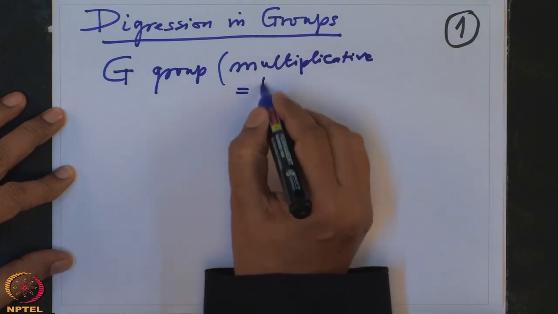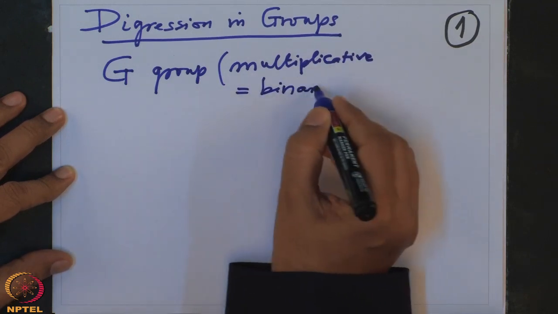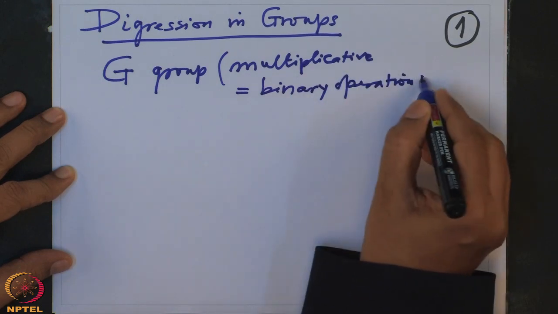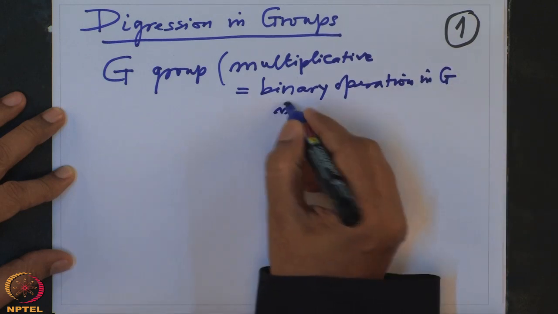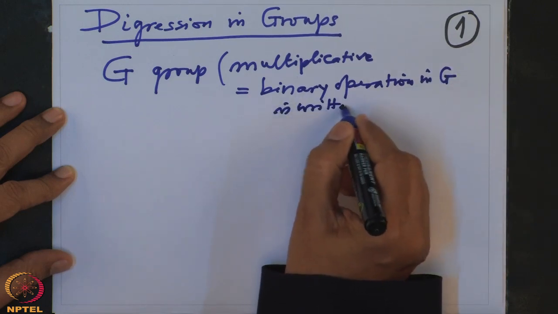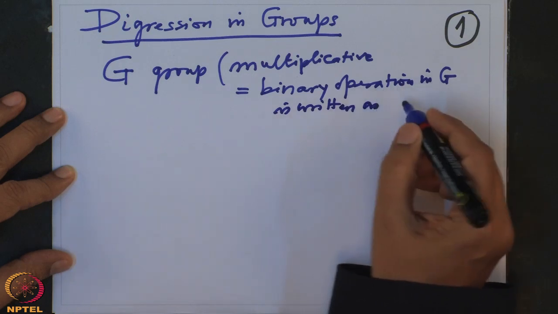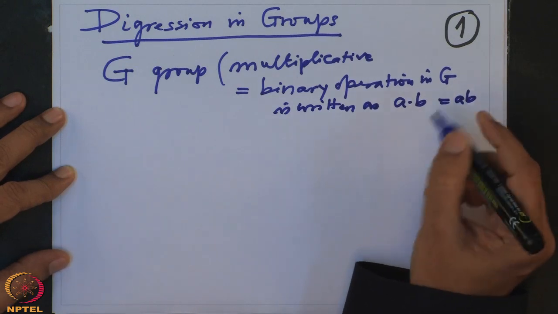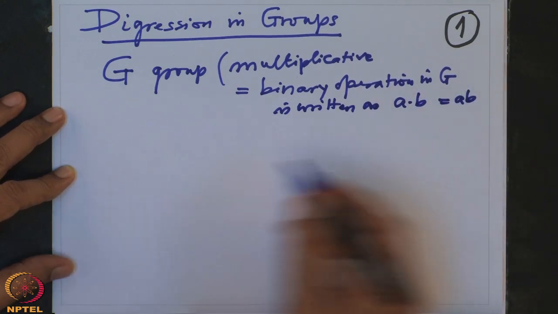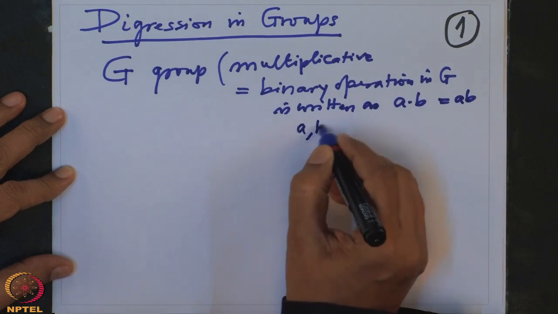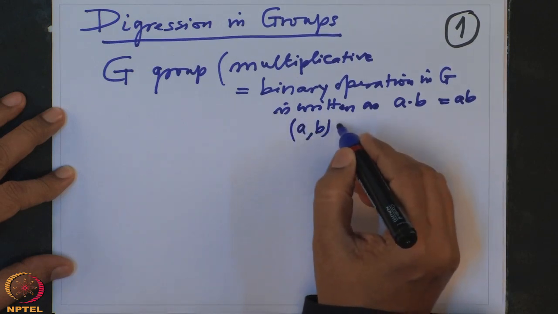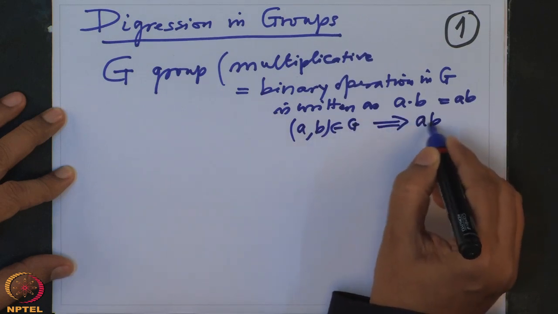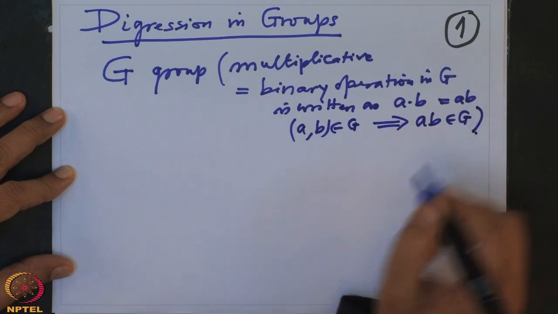That means the binary operation in G is written as A times B or simply AB. So if A and B are in G, then AB belongs to G. That is the binary operation in G.